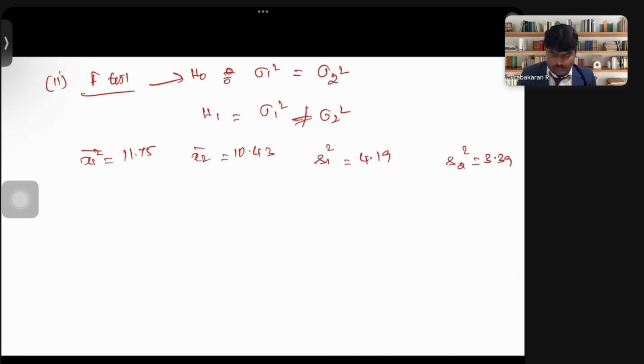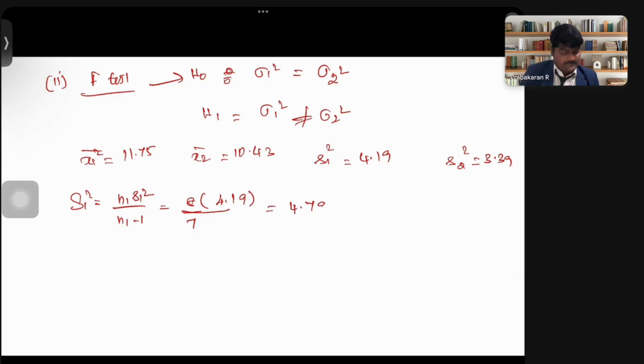Now we can go for applying: capital S1 square value is N1 S1 square by N1 minus 1, that is 8 by 7. First sample size is 8, so 8 by 7 of the S1 square value, which is 4.19.